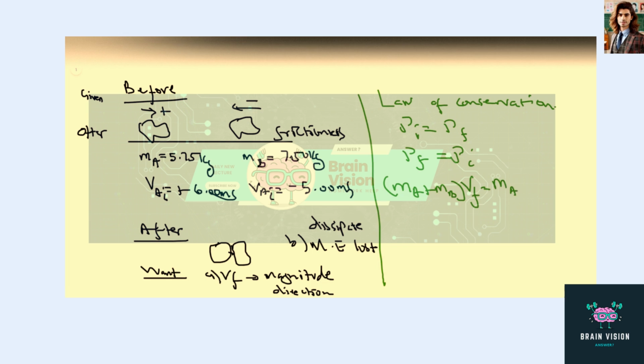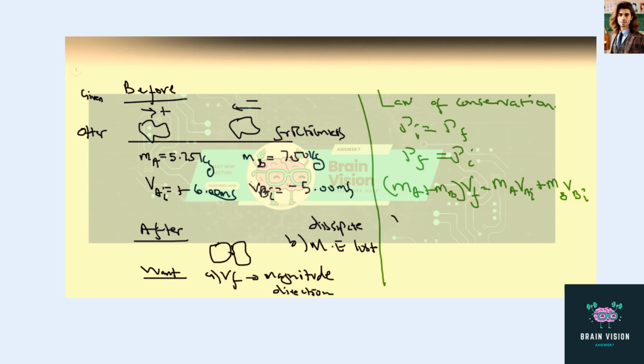The initial momentum of otter A is MA VAI, and of the second otter is MB VBI. I think we have to change this to BI just to keep the same naming convention consistent.